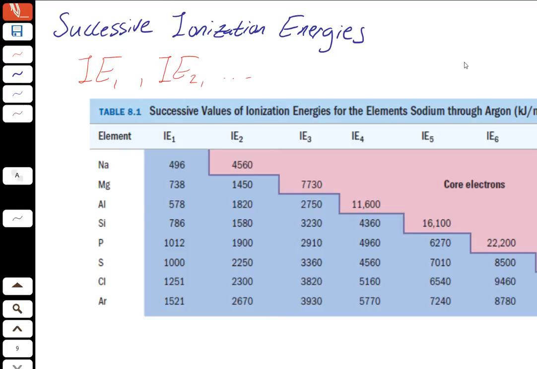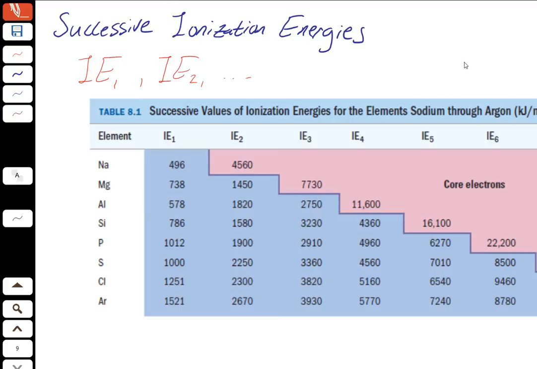So the first ionization energy is the trends that we just talked about. That's just that first column. And then there's successive ionization energies. And one thing that you can see from the successive ionization energies, and I think there's some homework problems about this, is you can determine where in the periodic table an element should be based on its ionization energies.